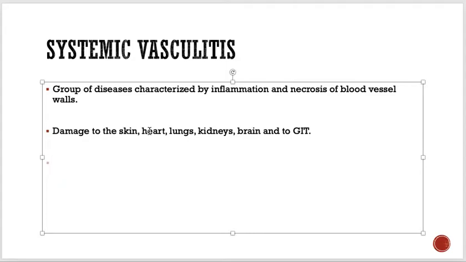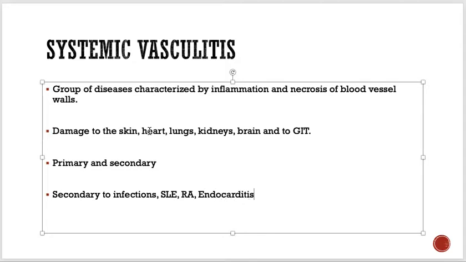One concept again before discussing the conditions: vasculitis may be classified as primary and secondary. What we are going to discuss in this lecture is basically the primary type, because secondary can be secondary to multiple conditions, like infections, SLE, rheumatoid arthritis, and endocarditis.